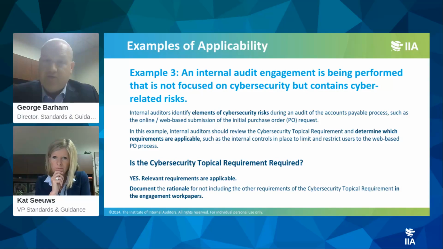So that's very relevant to this, but you may not have planned this when you were creating your plan for the year. But as you execute the audit, then you can see that there are going to be cybersecurity considerations that go along with it. So this might be a little different in how you got to it, but still it would be required.